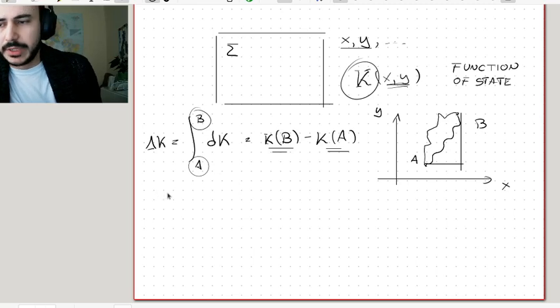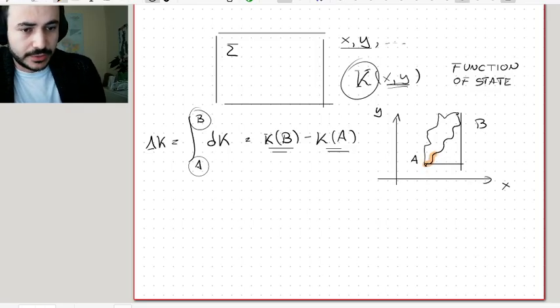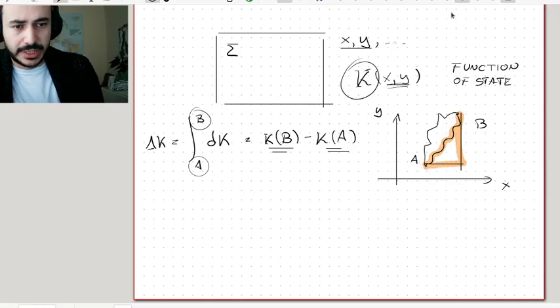So it's independent of the path. That's the most important thing. And because this is the case, of course, you can always make a round trip. Okay, so you can, for instance, in this example I'm drawing here, choose to go from A to B using this path, and then come back using a different path. And because the integral doesn't care about which path you are choosing, you will get a 0 there.